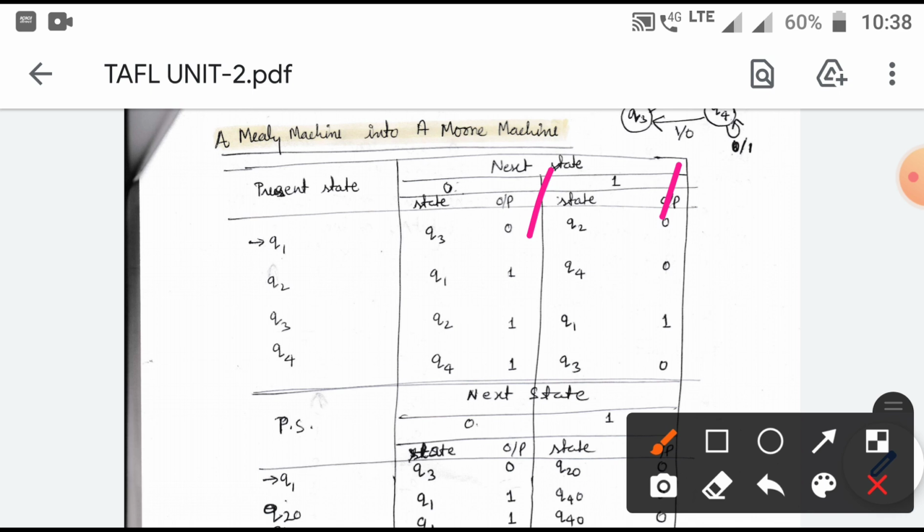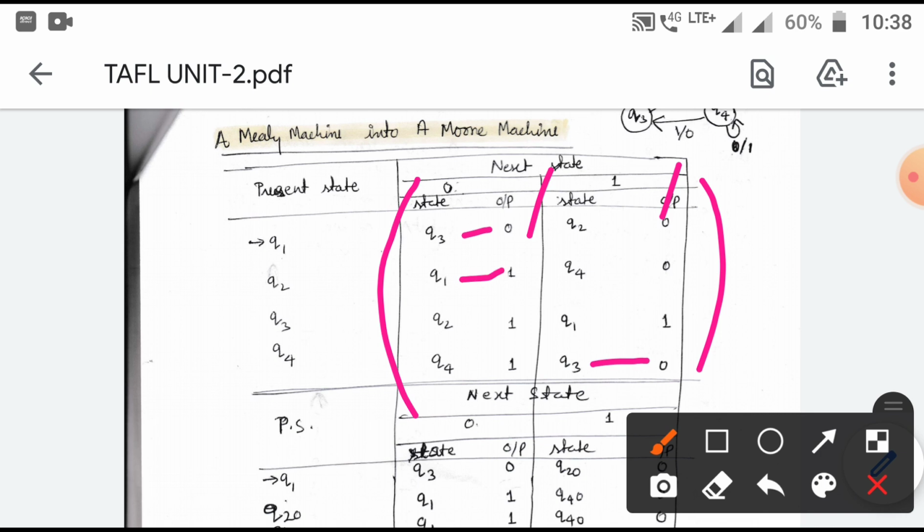For this, we have to observe in this portion what output alphabet is associated with a particular present state. As we can see, Q3 is associated with 0 only, one symbol, so no further processing is needed.